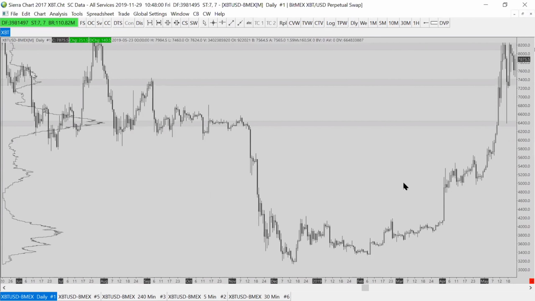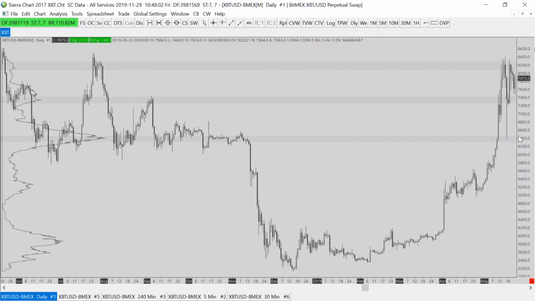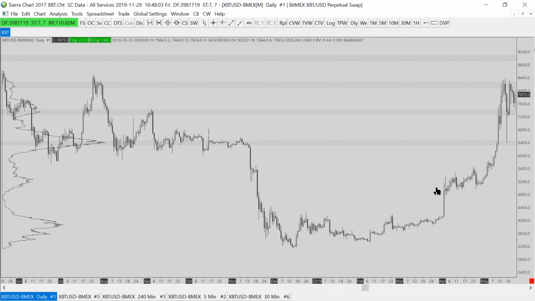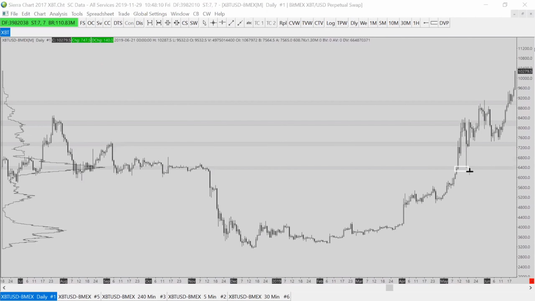Straight through that. No, it did stall there. And then flipped quite nicely. Price stalls at the next high volume node, the next high volume node, and the one up here as well.